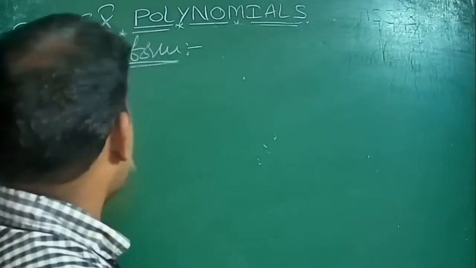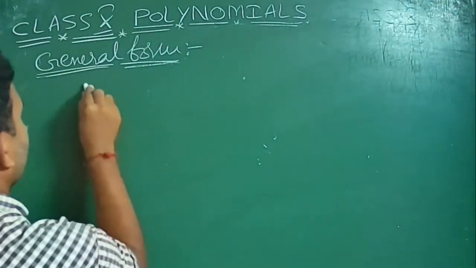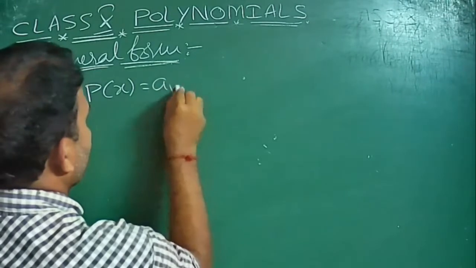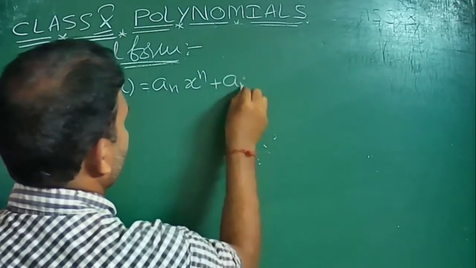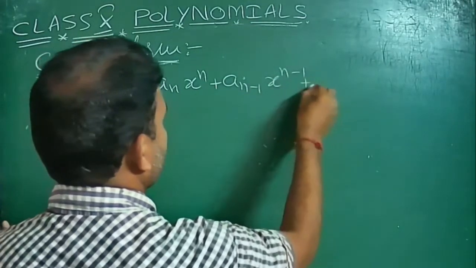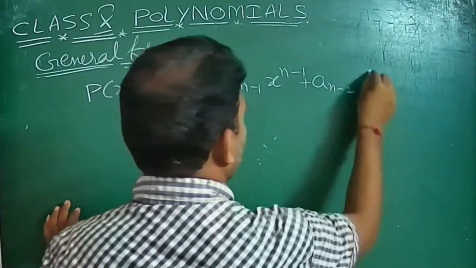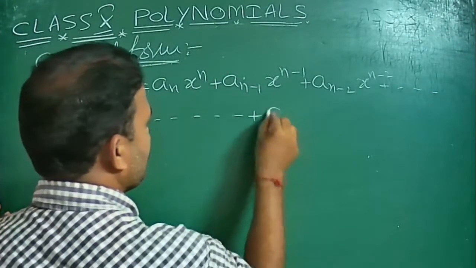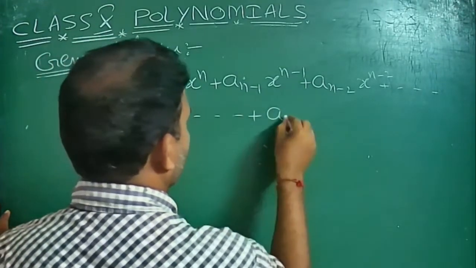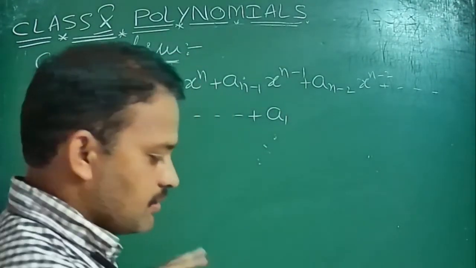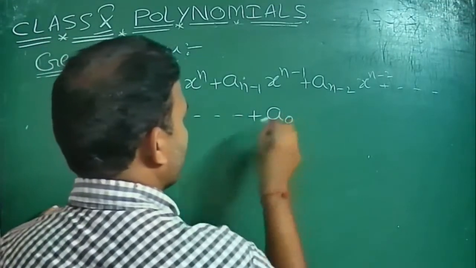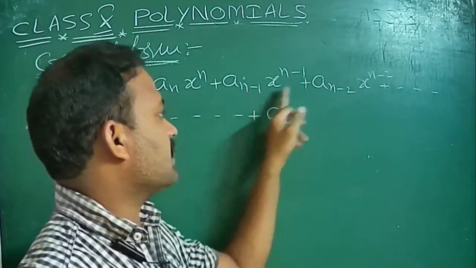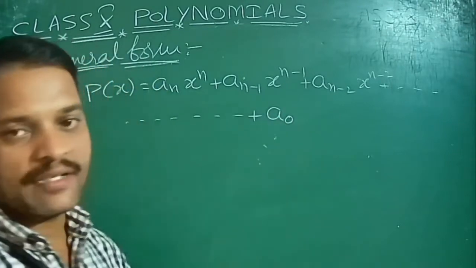For example, p of x, a polynomial, equals an x power of n plus an minus 1 x power of n minus 1 plus an minus 2 x power of n minus 2, and so on, plus finally a naught, the last term.